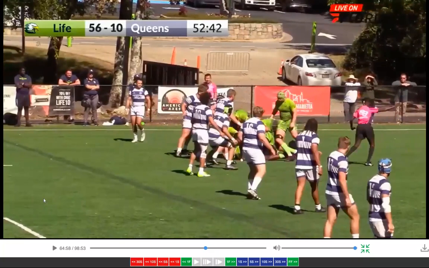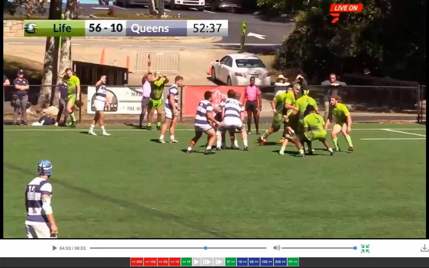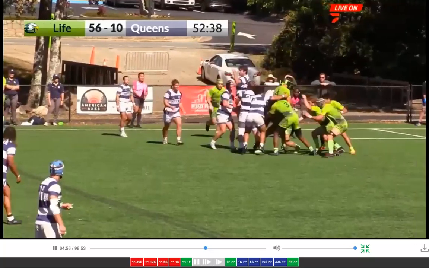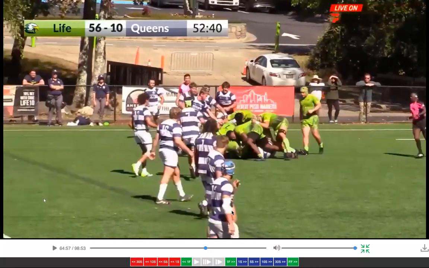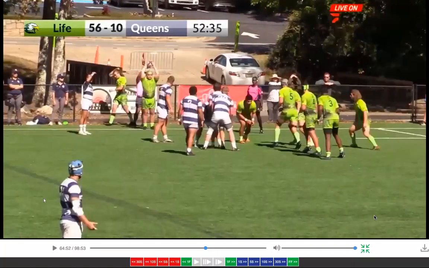So because it's not immediate, I would totally understand if you call a maul collapse there, because it's not as immediate as the last one. Is it a maul with only one defender engaged?